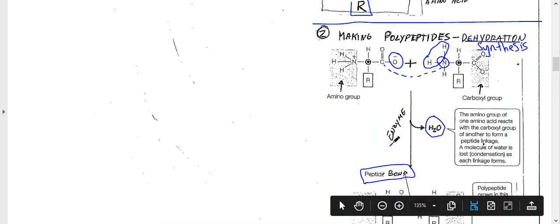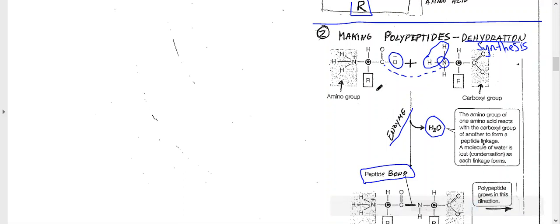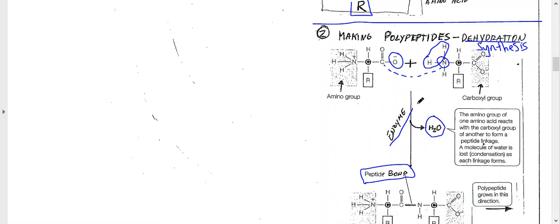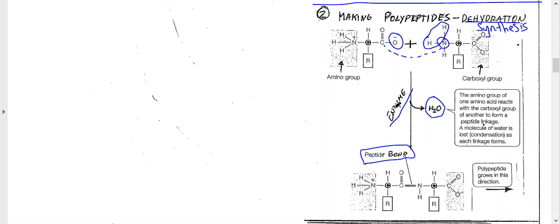And again, this is all enzyme mediated. All of this is essentially going to happen in the ribosome, which is just one giant enzyme if you want to think of it like that. But that's how you link amino acids together, right? Again, synonym for all this is the condensation reaction, and that bond that we just drew is the peptide bond.